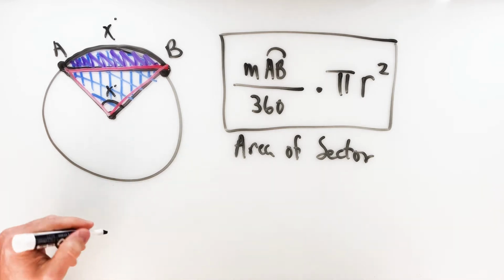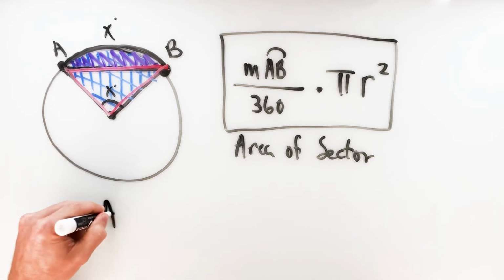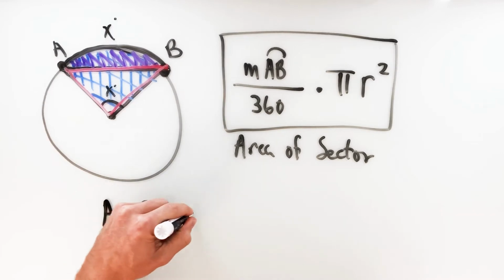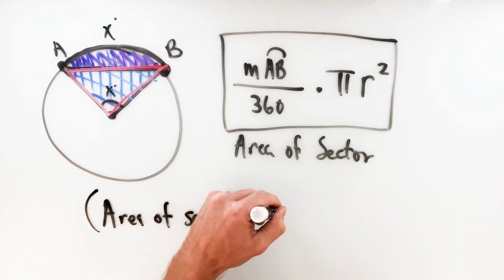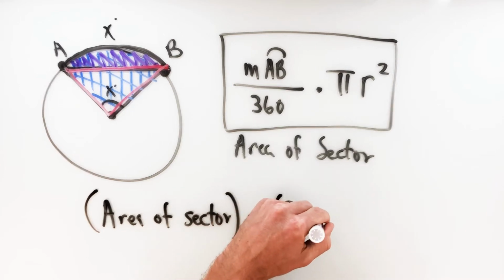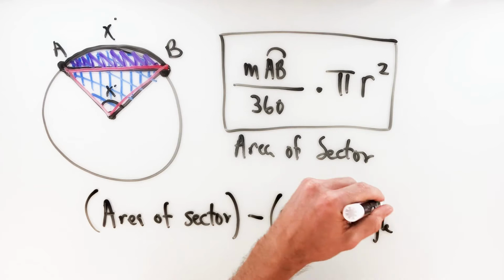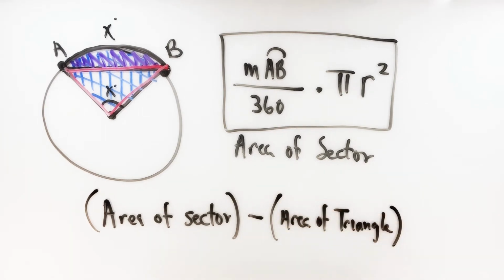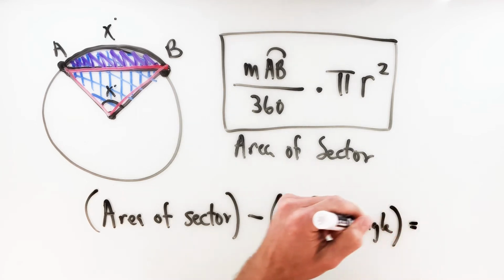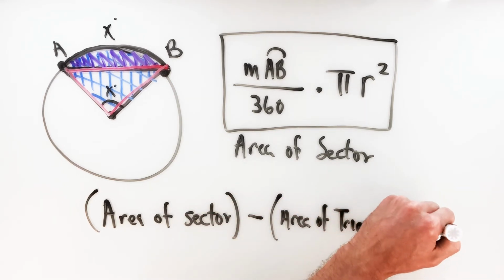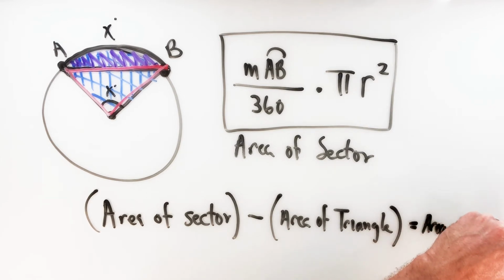The big picture is that to find the area of a segment, we just take the area of the sector minus the area of the triangle, and that gets us the area of the segment.